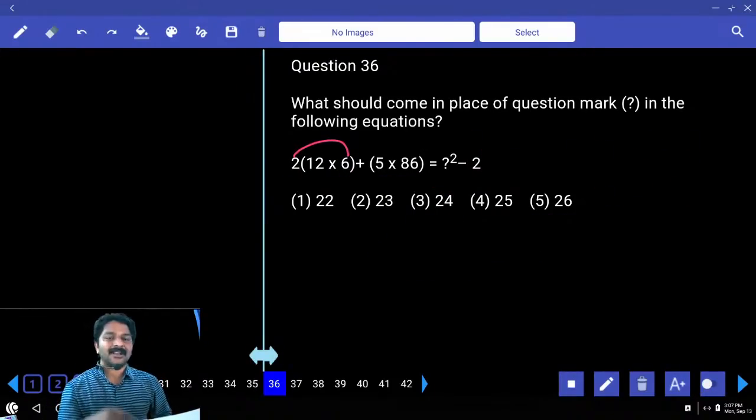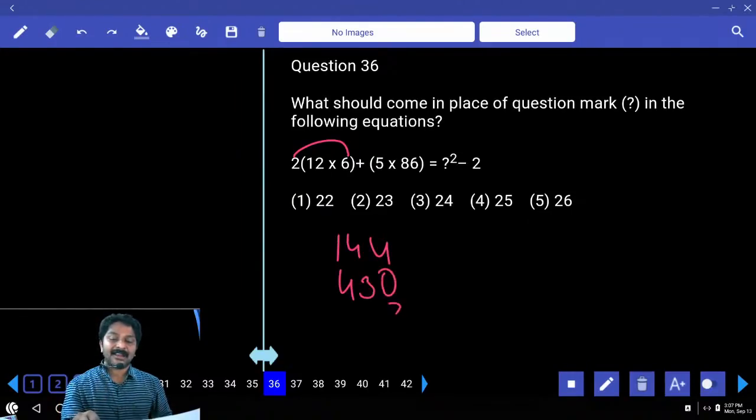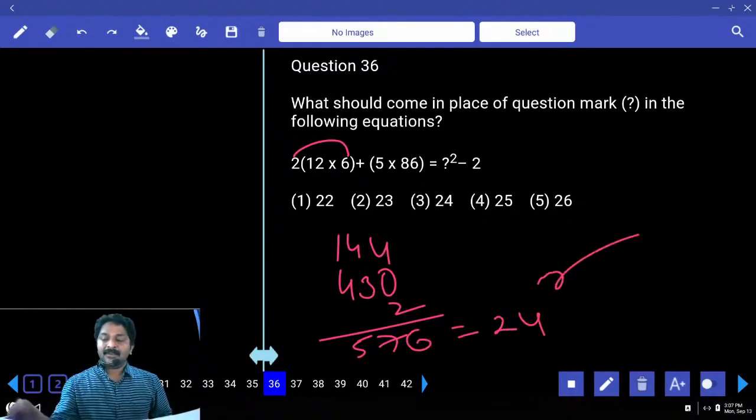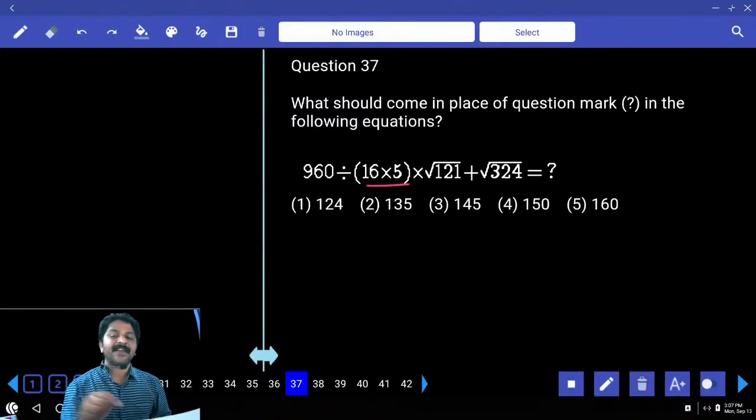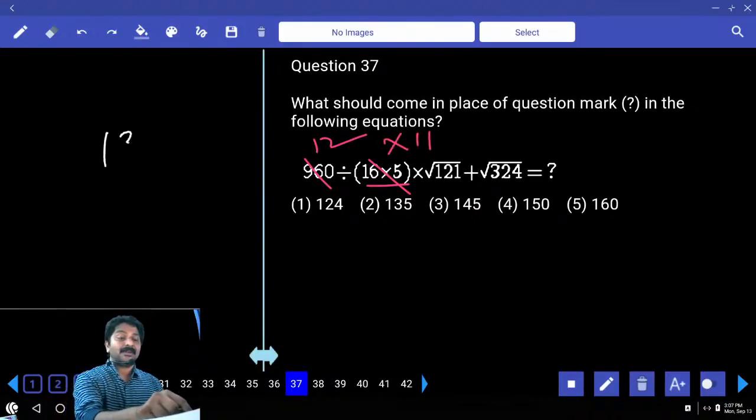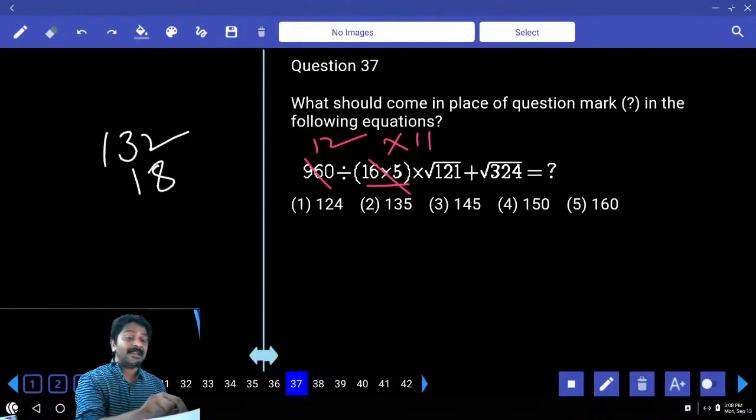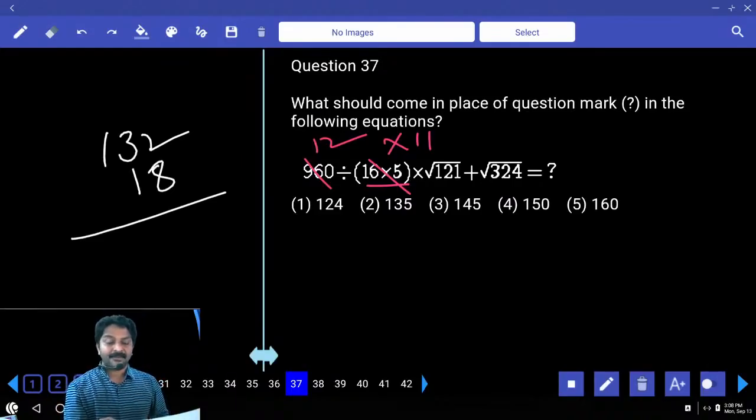2 6 times 12, 12 into 12, 144. 5 86 times, take 10 times and make it half, 430, and then add 2 more, that is equal to 576, which is 24 square, third option answer. Next, 16 5 times, 80, 12 times, under root 121, 12 11 times, 132, under root 324, 18, then sum is equal to fourth option.